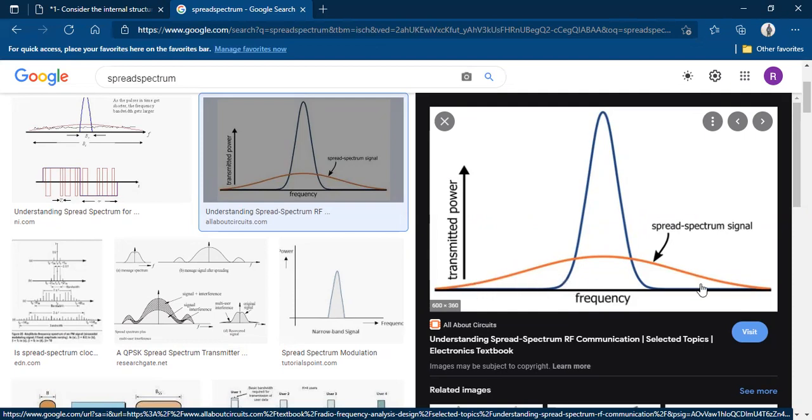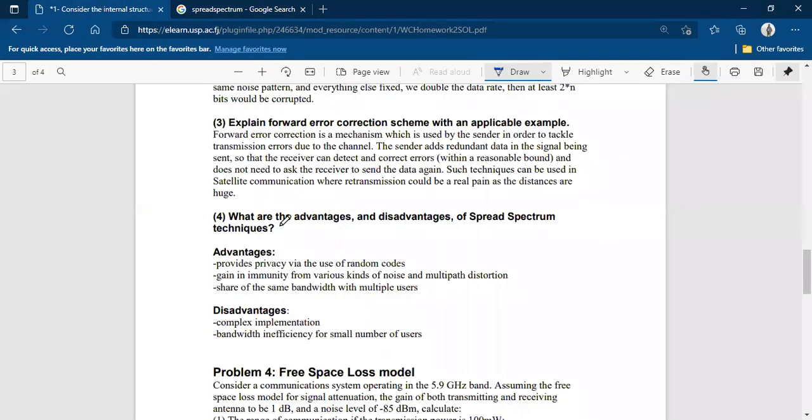So when this happens, if there is some sort of error occurring in one or two frequencies over here, it is not going to affect the whole message signal, the whole data that is being transmitted, right? Some of the advantages of the spread spectrum technique is that it provides some sort of privacy via the use of random codes, right?